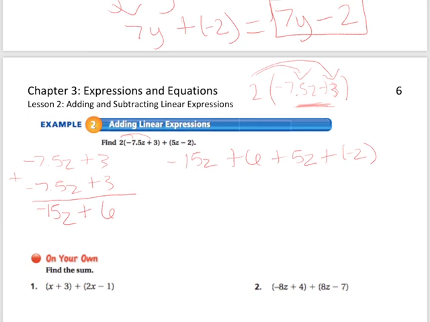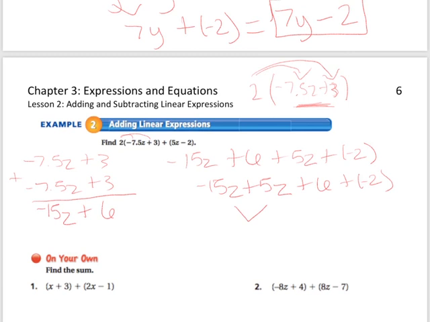I'm personally just going to use the horizontal method. So I have negative 15z. I'm going to regroup here. Negative 15z plus 5z. Those are like terms because they both have z. And then I'm going to add the 6 and the negative 2. So now I can simplify.